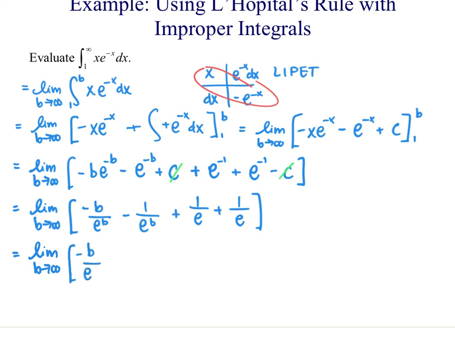Negative b over e to the b. And then let's apply the limit of negative 1 over e to the b. And then 1 over e and 1 over e is a constant. And so if I add those together, I'll have 2 over e. They've got a common denominator, so I can add them together.